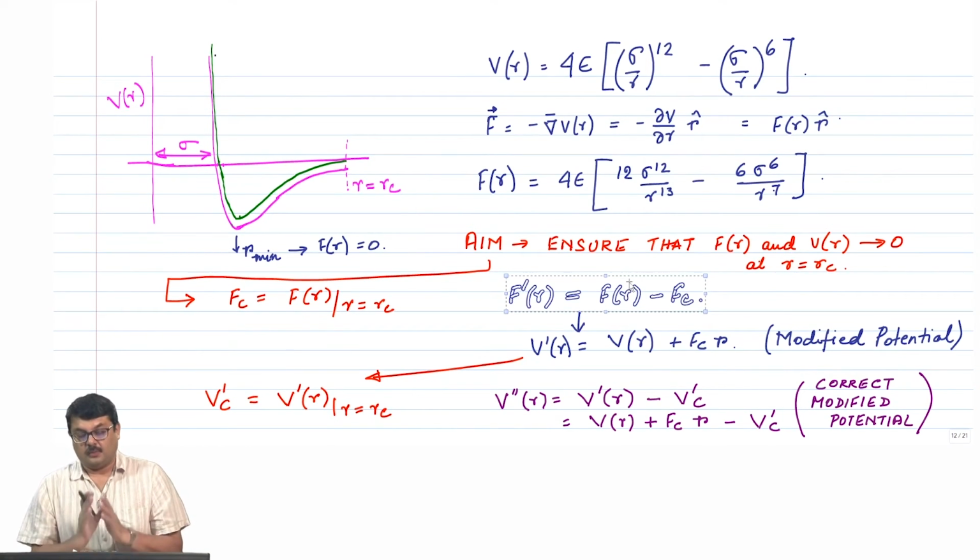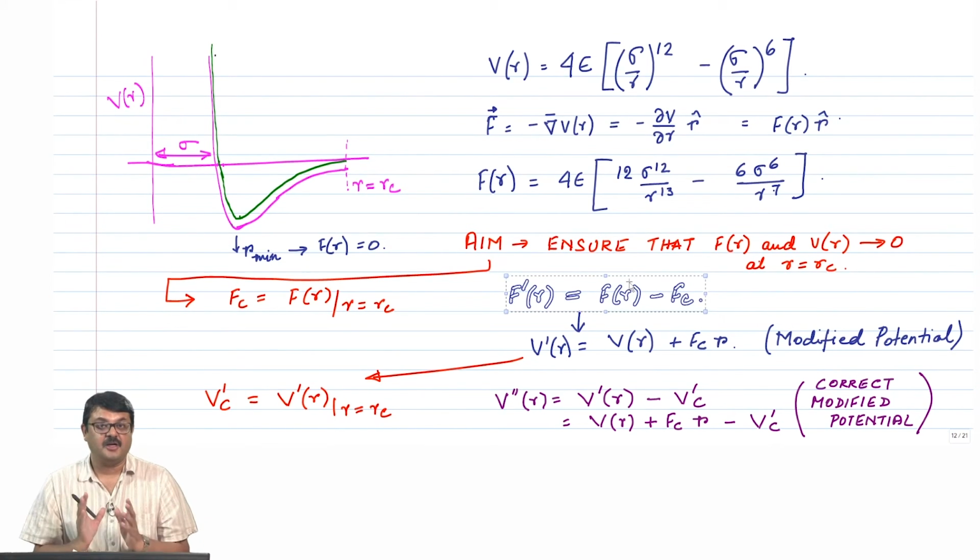So, the message is to make the force and potential both go smoothly to 0, so that we have a relatively efficient calculation of the force.